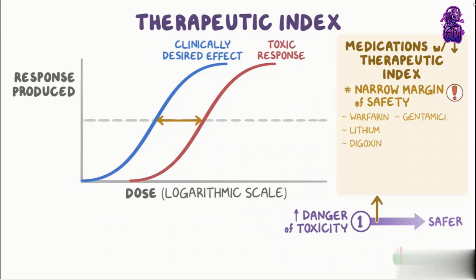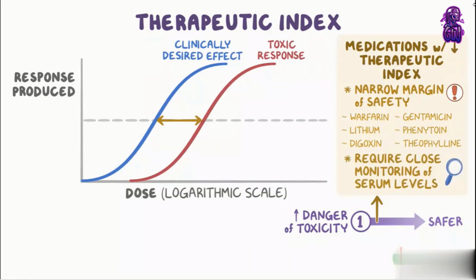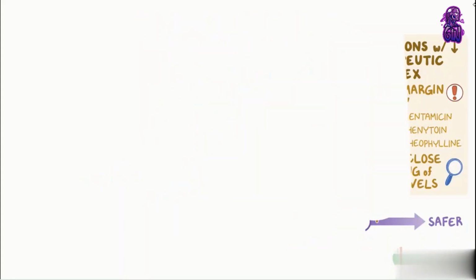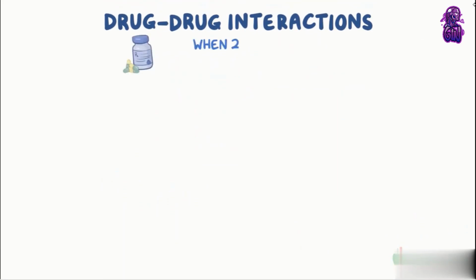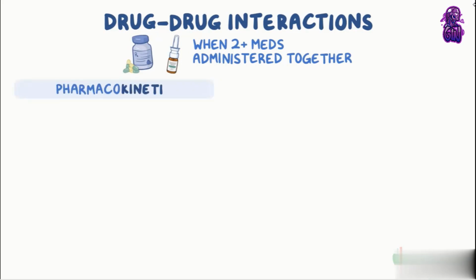Finally, an important concept is the apparent volume of distribution, or VD, of a medication, which is used to represent how extensively a medication is distributed throughout the body. It is the hypothetical volume that accommodates all of the medication in the body, if the concentration throughout was the same as in plasma. Let's simplify this with an example. Let's say we inject 100 mg of a medication into the blood, and none of it is excreted, then an hour later we find the plasma concentration is 50 mg per liter.